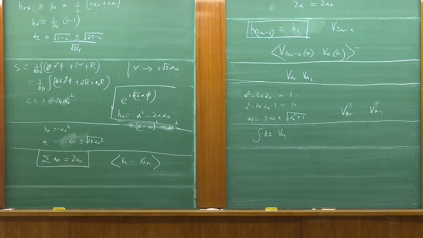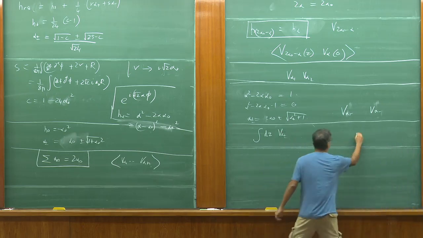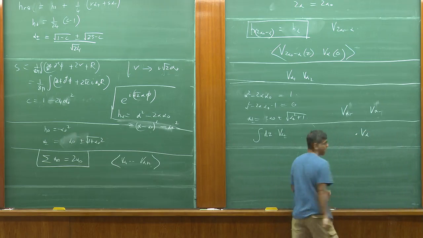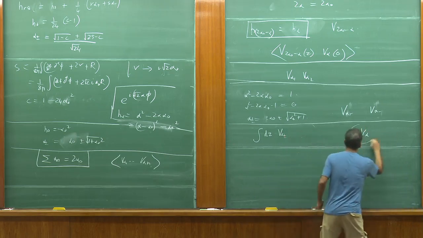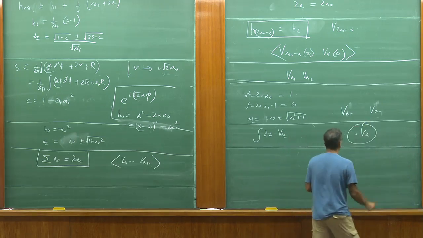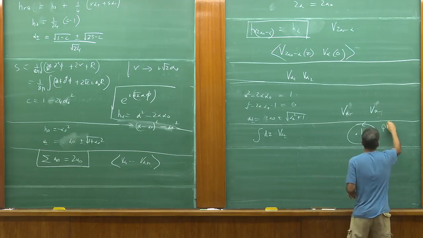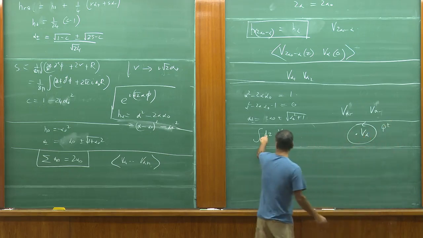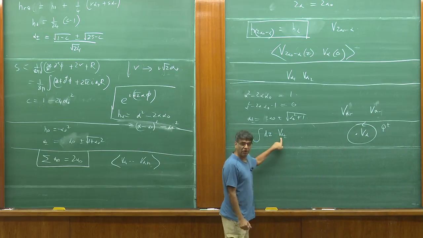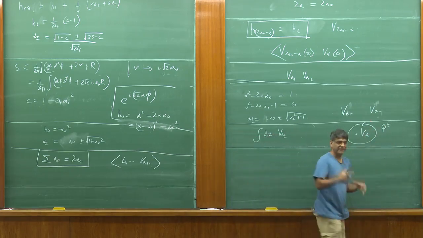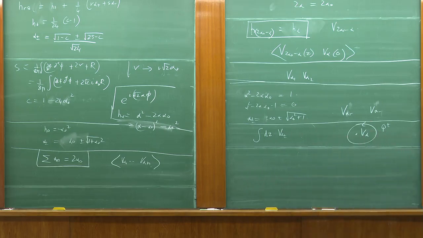Now, suppose I've got an operator here. I've got some V alpha. And I act on it with Q plus or minus, by which I mean I take this operator and I go round this V alpha with this contour with this inserted operator.